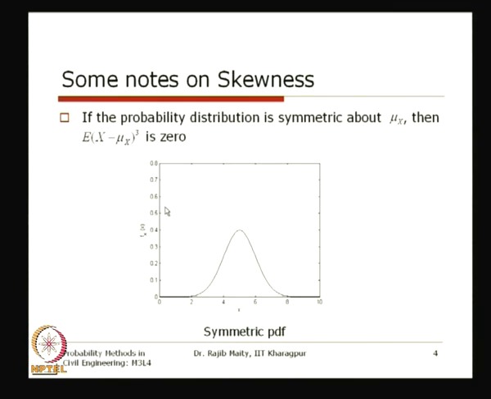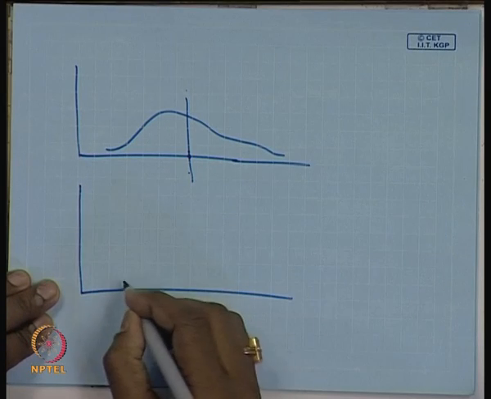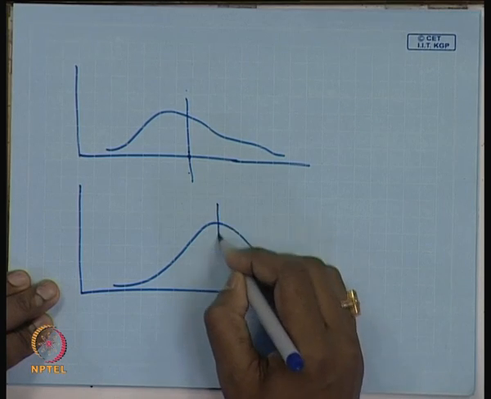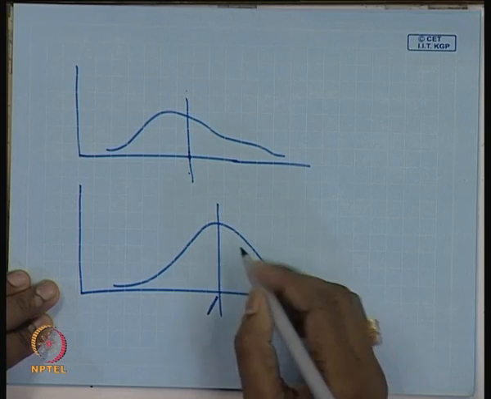Now if the probability distribution is symmetric about this mean, then this moment will be equal to 0. If I draw one particular distribution which is symmetric, this is the location of the mean.